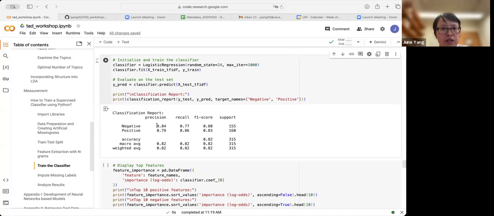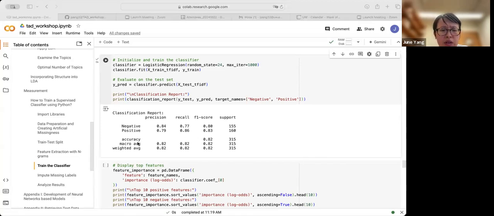The precision you can understand as, for the positive category, for example, of all the positive cases this model identified, how many of them are actually positive? Some of them are actually negative, because we already have the label in the test set.